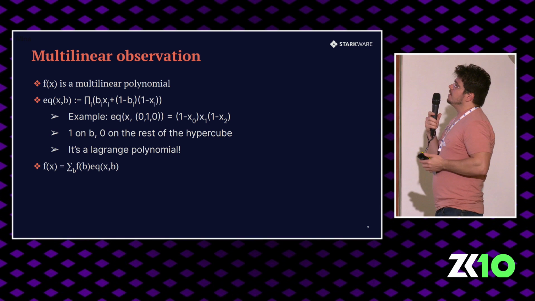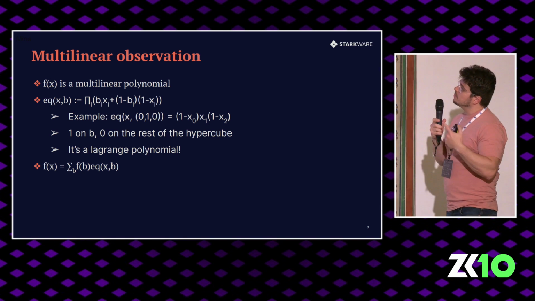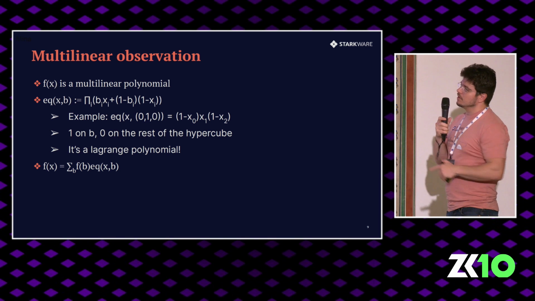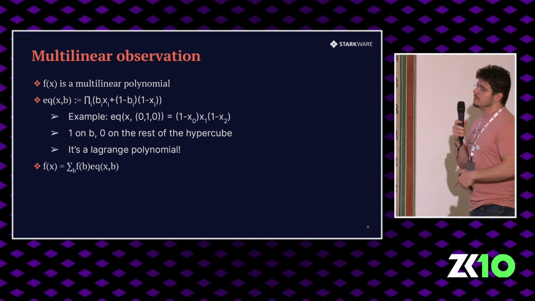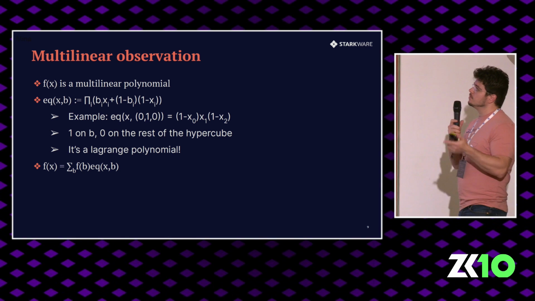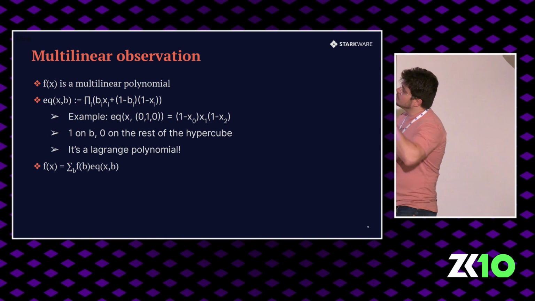Okay, given some f is a multilinear polynomial, which means it's a polynomial of many variables, x0, x1, x2, x3, x4, but the degree in each variable is at most 1. Okay, and now look at this specific polynomial I just showed.